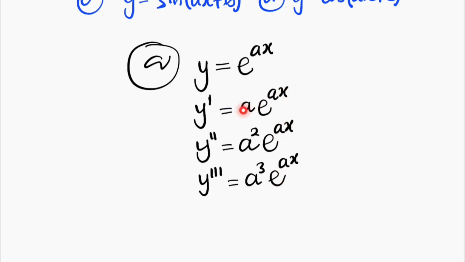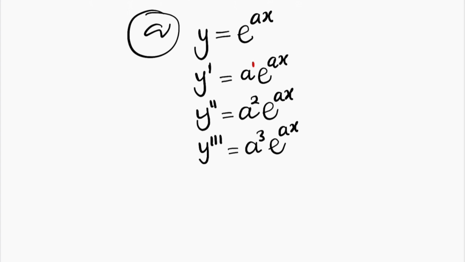But the coefficient here is to the first power, second power, third power. You can see this is to the first power while we are at the first derivative, to the second power while we are in the second derivative, and to the third power when we are at the third derivative, which implies that the power of a depends on the number of derivatives.